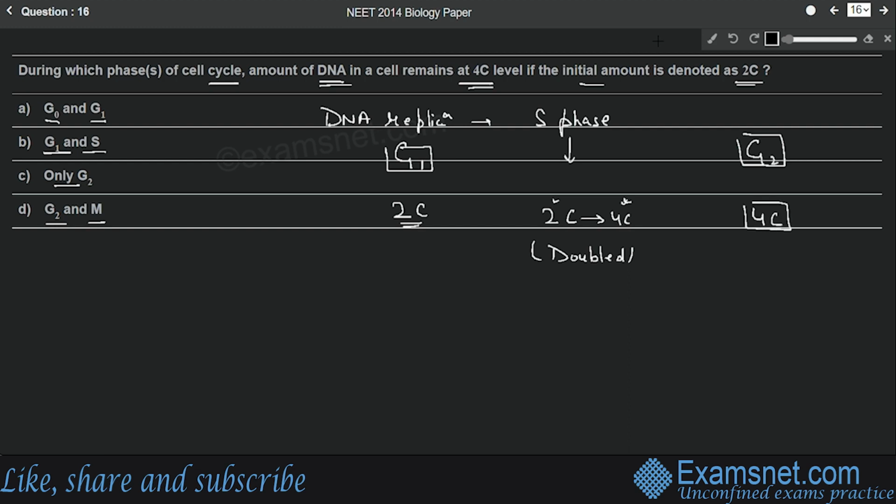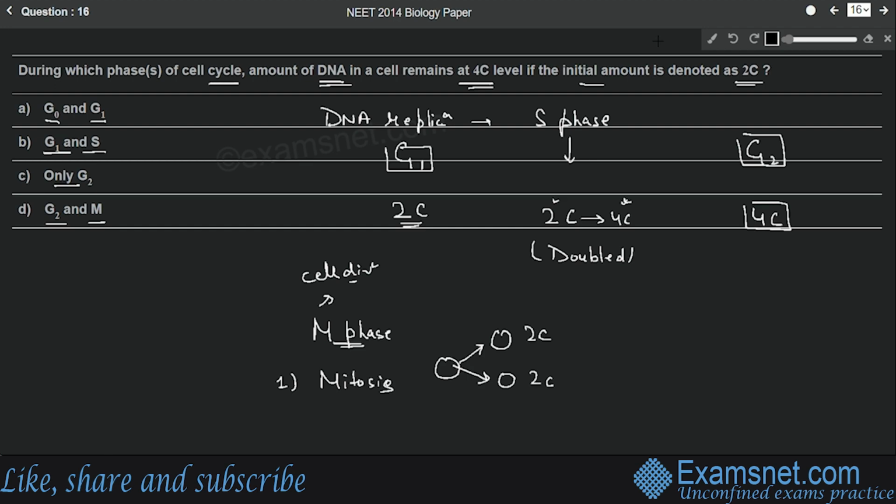Now after G2 phase, M phase comes, that means the mitosis phase or meiosis phase. This is the phase of cell division. If the type of cell division is mitosis, then the cell will divide into two, and each cell will have 2C amount of DNA.